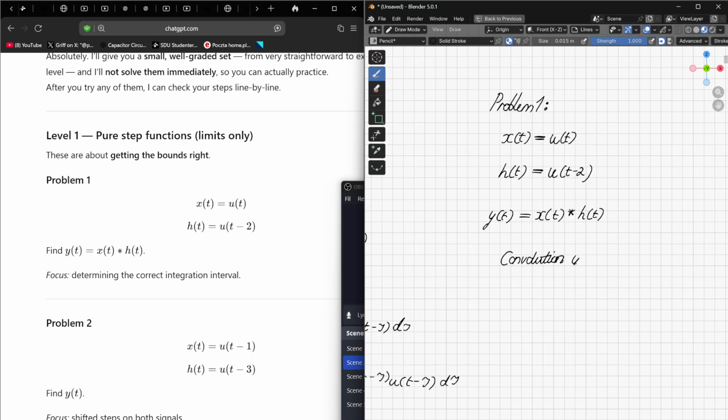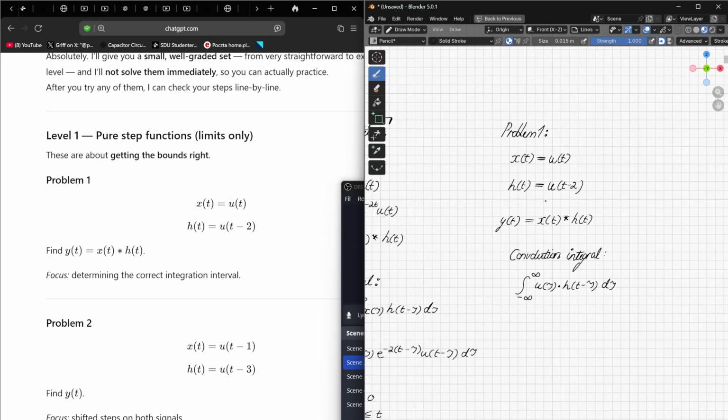Minus infinity to infinity, and then we have u(tau) times h(t minus tau) d tau, I believe.